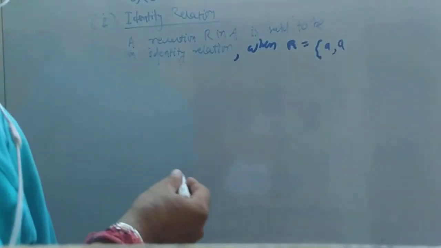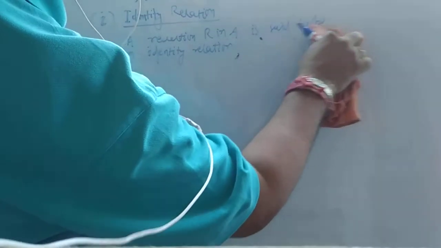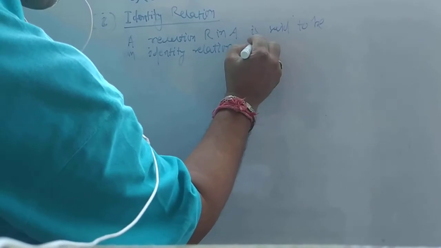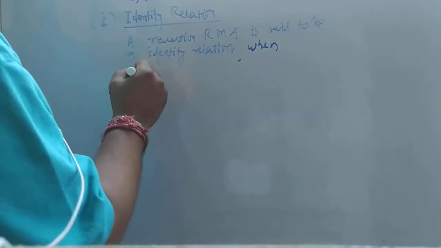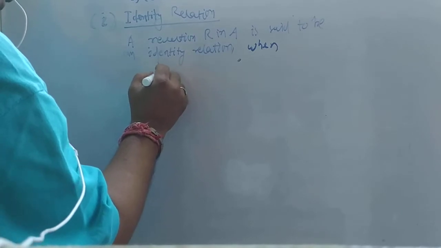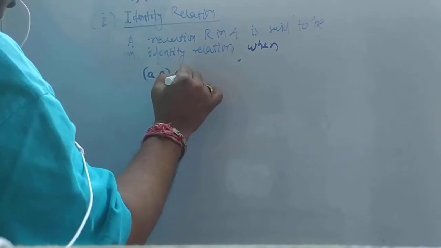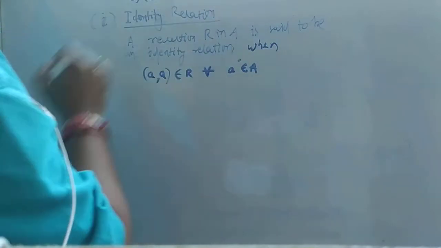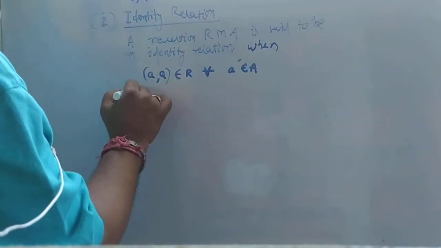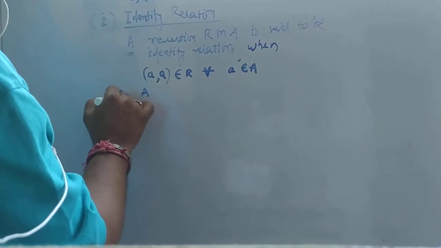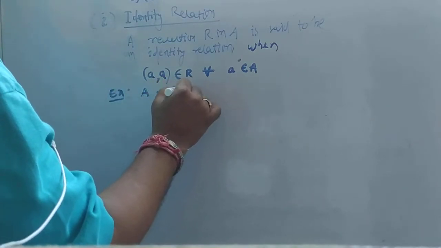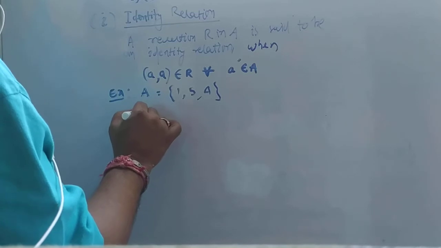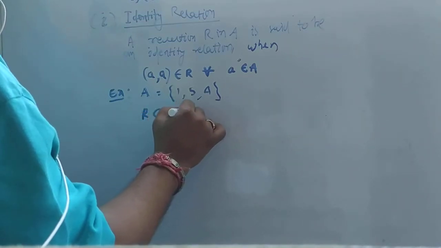I think it is not visible clearly. A relation is identity when (a, a) belongs to R for all a belongs to A. That is, if A is given, for example A is given as {1, 5, 4}, then R is a subset of A cross A.